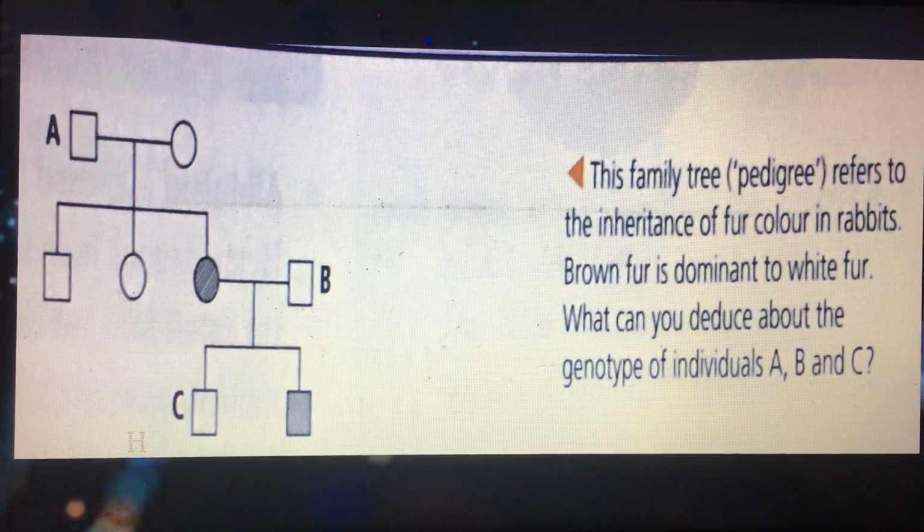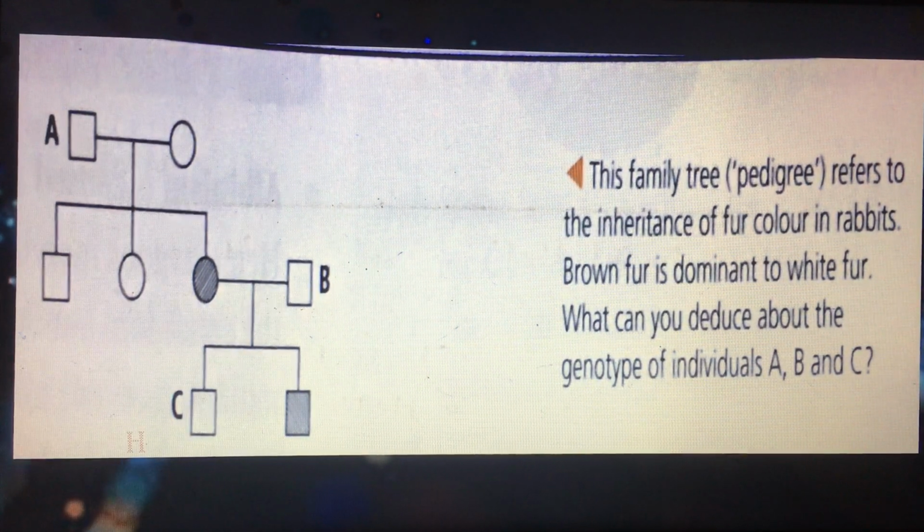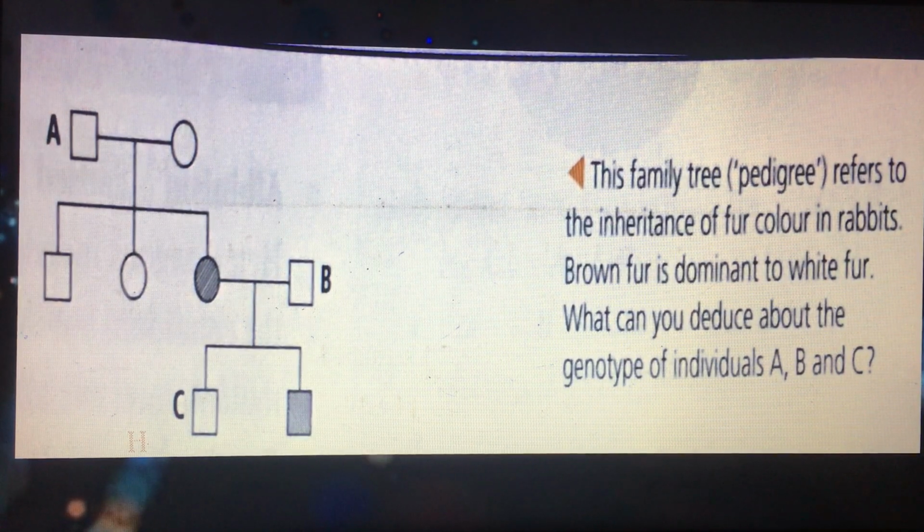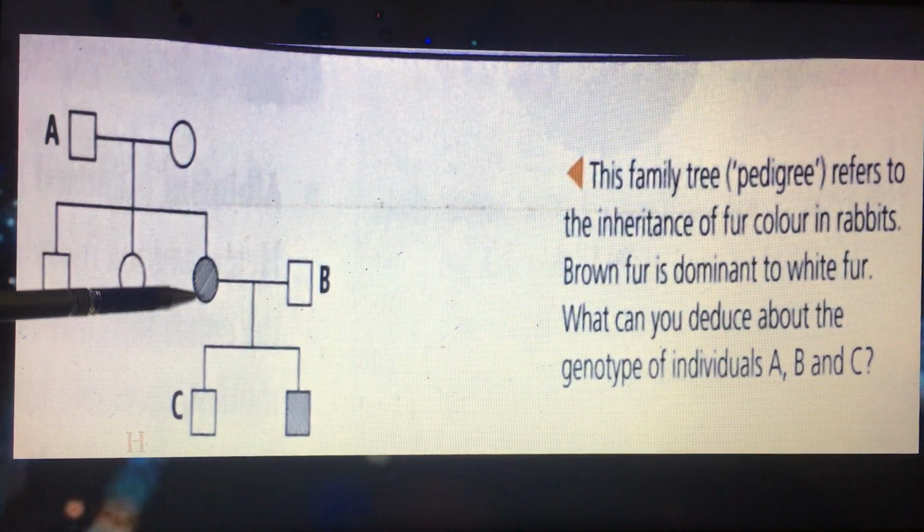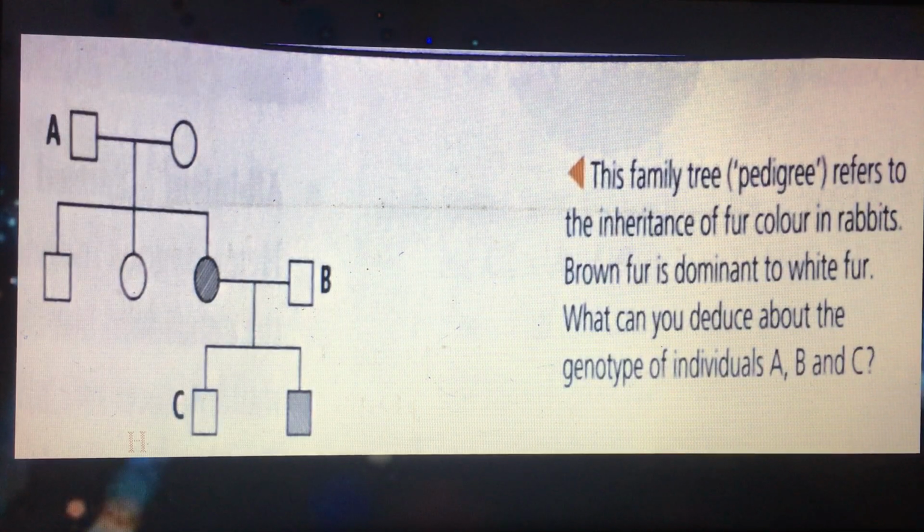So one of the daughters here has B small, B small. B must be B capital, B small for the same reason as A.